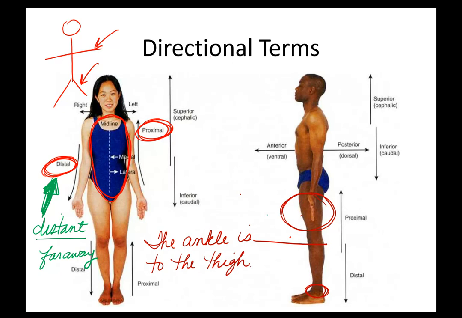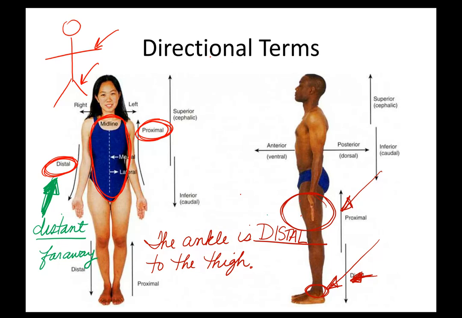Again, using the specific words proximal and distal, is the ankle further away than the thigh from the torso, or is it closer to the torso than the ankle? So the ankle is here versus here. Is this further or closer? It's further. So we would say the ankle is distal to the thigh.